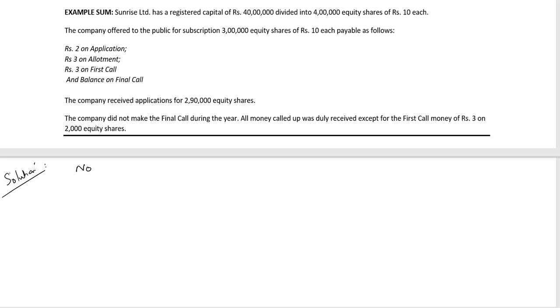The nominal value or the face value of the equity share is equal to rupees 10.